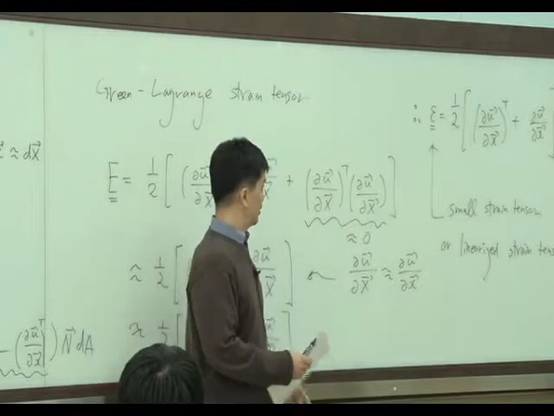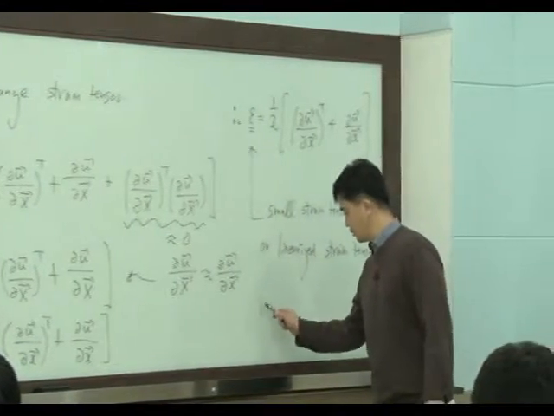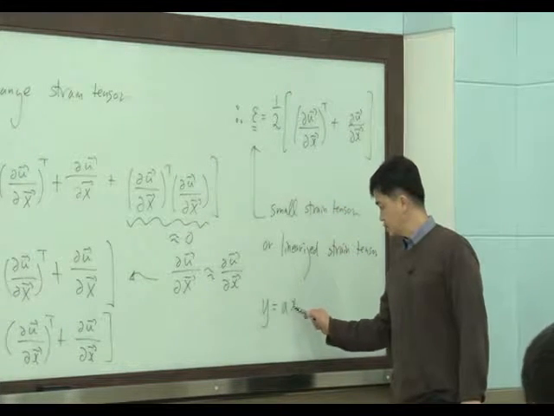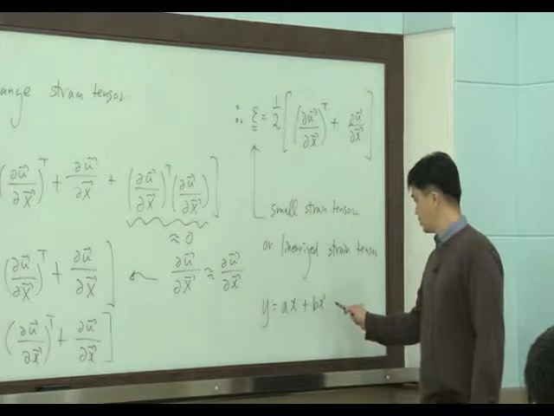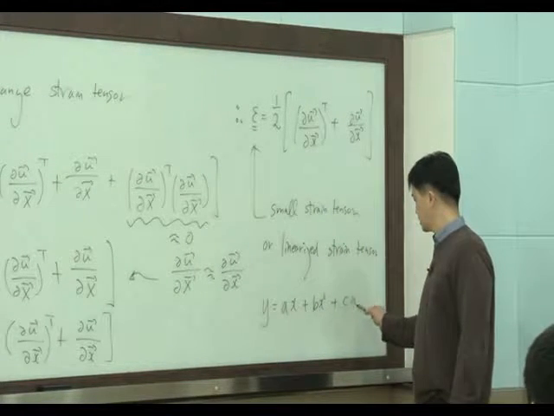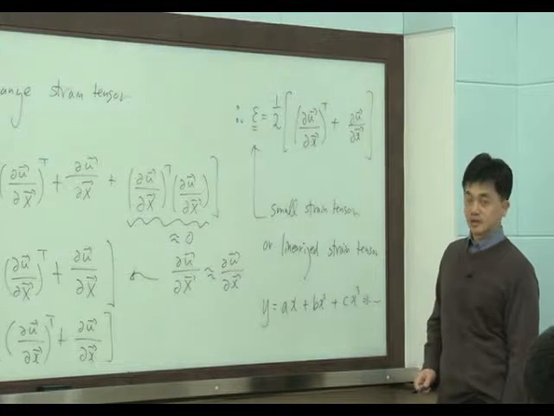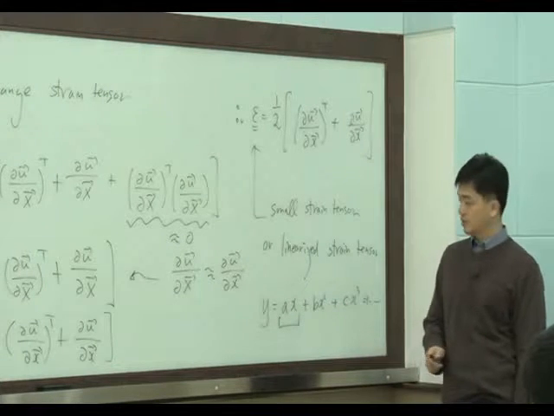So, for example, let's say we have a function y equals a x plus b x squared plus c x cubed, something like that. This is a first order term.